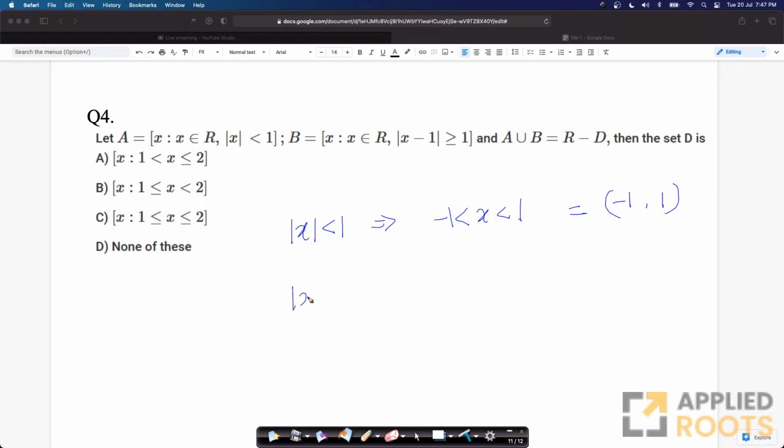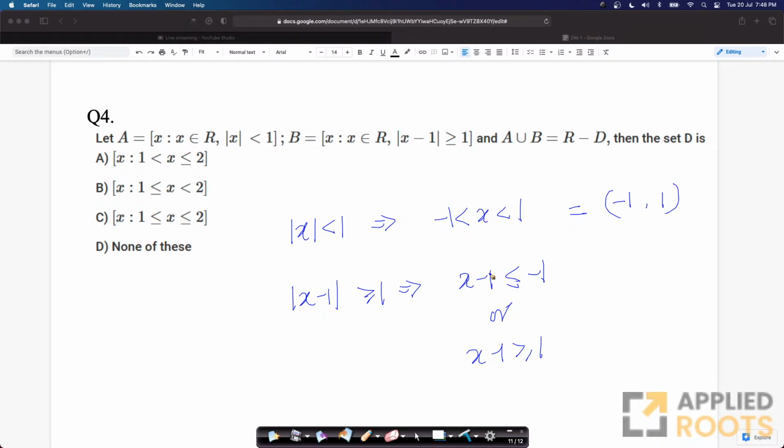Now, what about B? |x minus 1| is greater than or equal to 1. What does this mean? This means x minus 1 is less than or equal to -1 or x minus 1 is greater than or equal to 1. Simple logic. You just multiply one side by a negative. That's it, right?